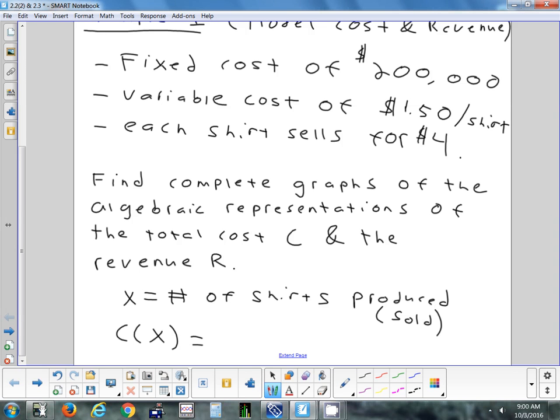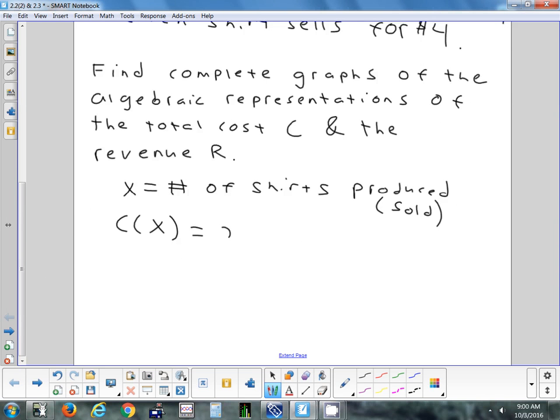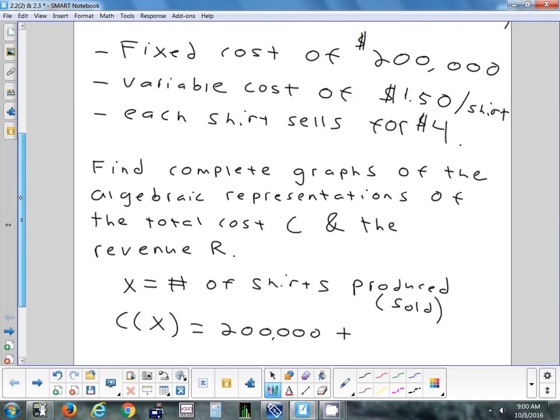I would say you'd want to have like 200,000 plus. All right, that's a good start. So we got 200,000 plus 150. It would be like 150 divided by 4.